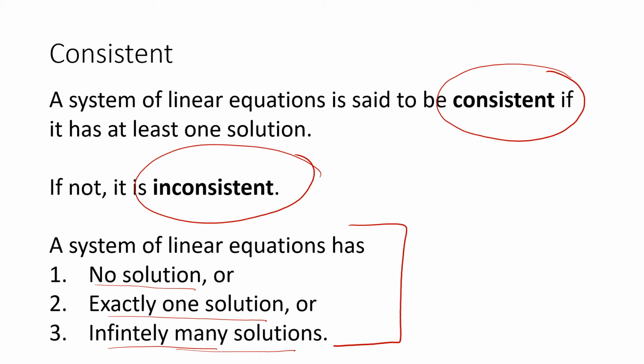It either has one solution or it has infinitely many solutions. There is nothing in the middle when it comes to systems of linear equations. We are going to look more at this result in the future, and it's one of the first major results that we see, why this happens. No solution, that's inconsistent. If there's one solution or infinitely many solutions, that is consistent.